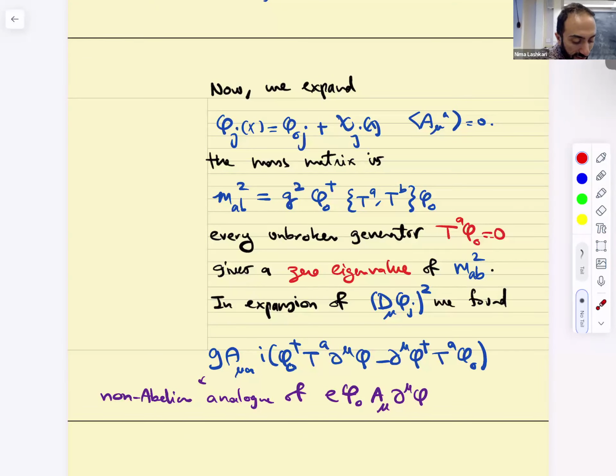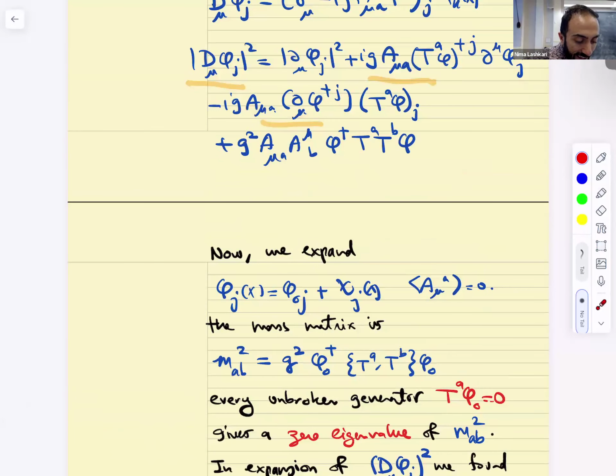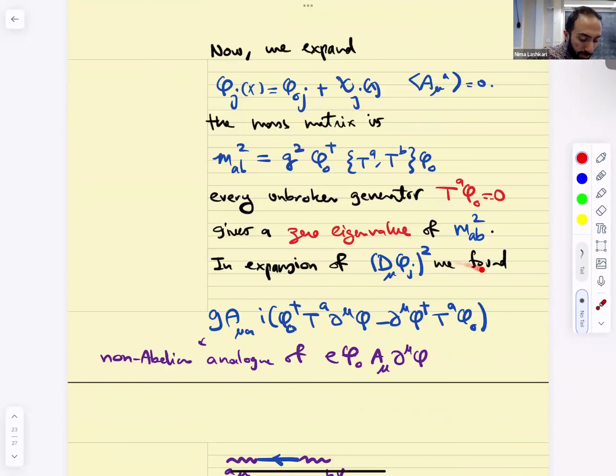We also, in this expansion of del phi squared, found these two terms. Now, when you evaluate these two terms, they look like J mu. This is J mu, by the way. This is the non-abelian J mu coupled to A mu. If you evaluate the J mu on the vacuum, some of these guys will get zeros, and you end up with this expression.